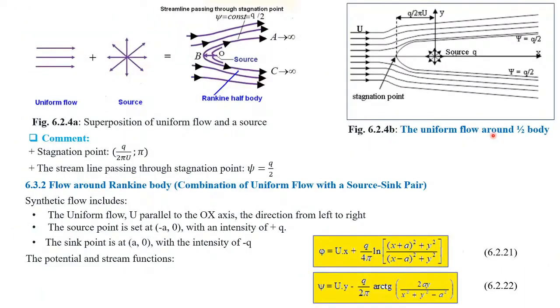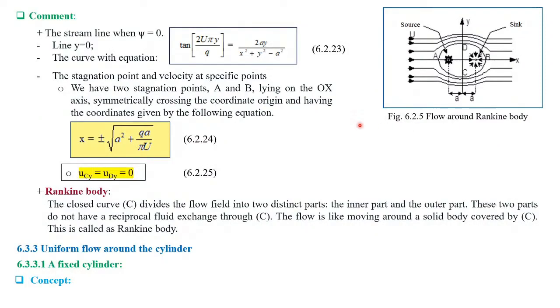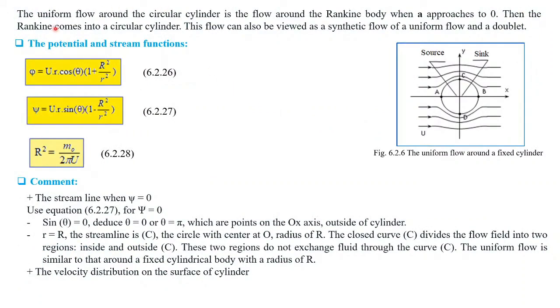Therefore, the uniform flow around a circular cylinder is a flow around a Rankine body, but when I approach 0, the Rankine body becomes a circular cylinder.